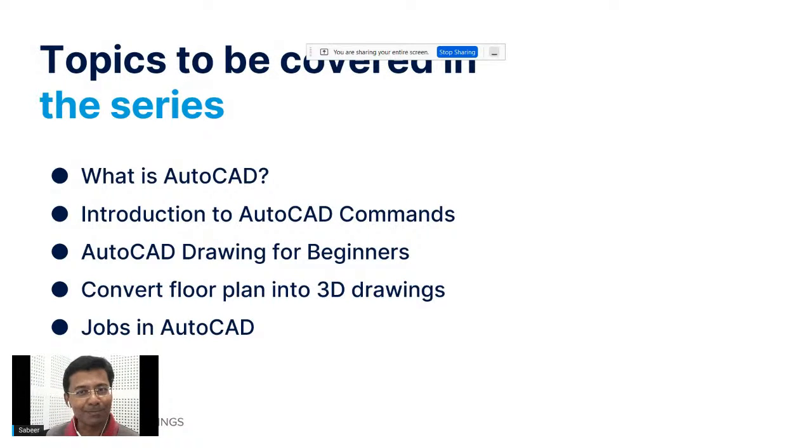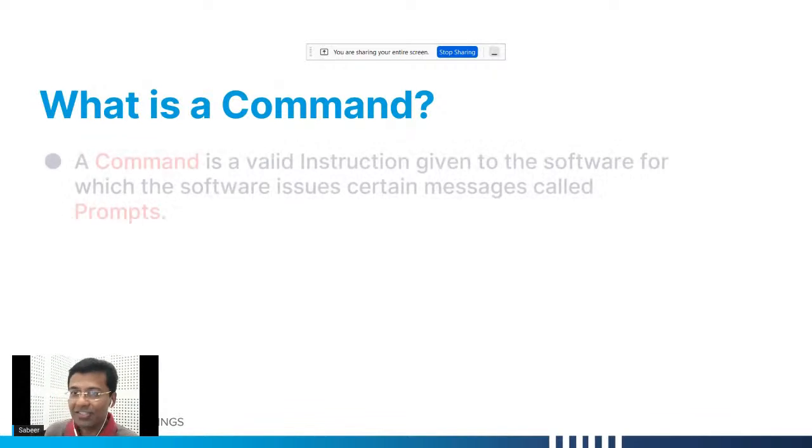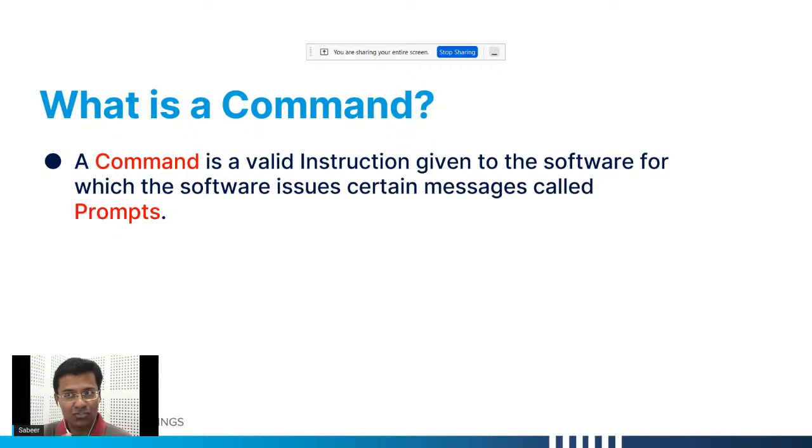Now let's come to today's topic of discussion, which is Introduction to AutoCAD Commands. What is a command in AutoCAD? See, AutoCAD is basically a command-based software. That means if you want the software to do a particular task, you have to give a command for that. So what is a command? A command is defined as a valid instruction that is given to the software, for which the software issues certain messages called prompts.